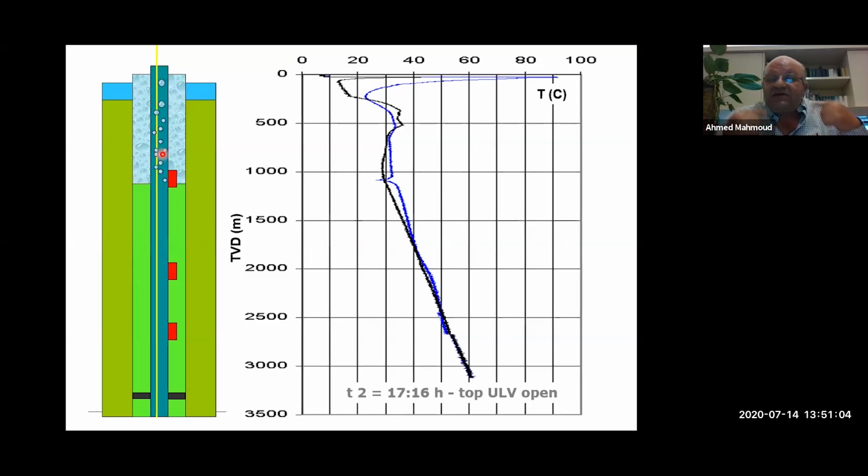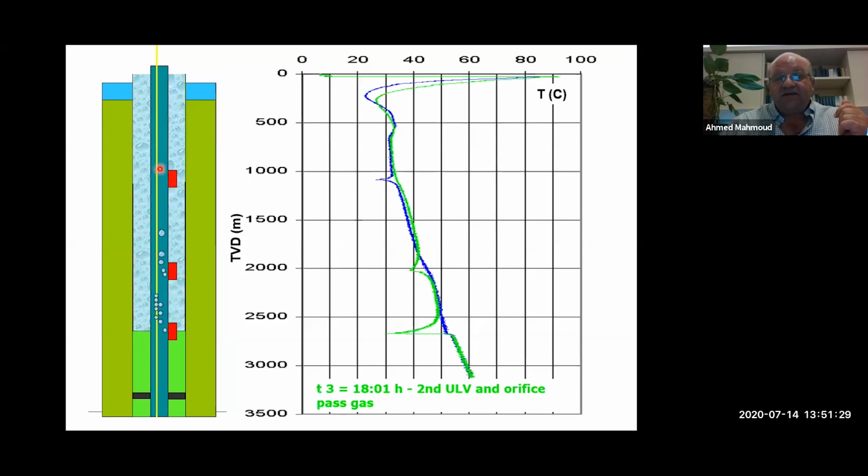And with hydrostatic pressure reducing, it will be sensed in the temperature as well. So if I run my survey line to the well depth, I will note a kink here in the curve of the temperature, and this is a good signal because that means that this valve has opened and the other valves are not open yet, which is okay because I'm still in the starting process.